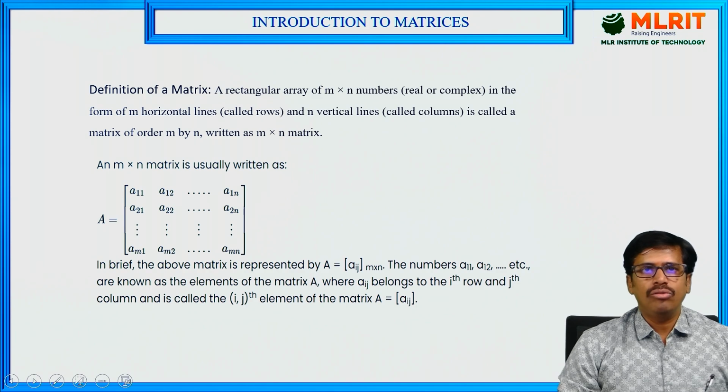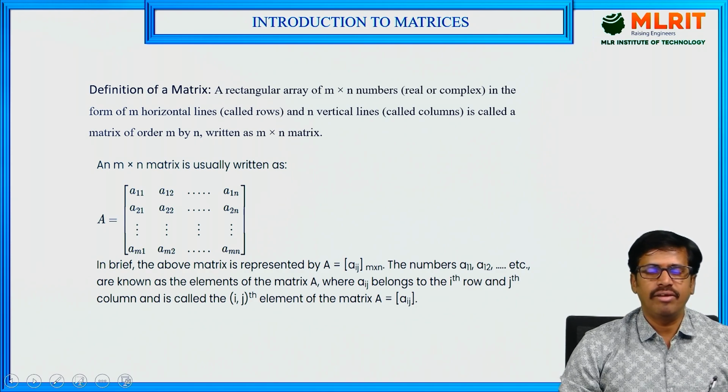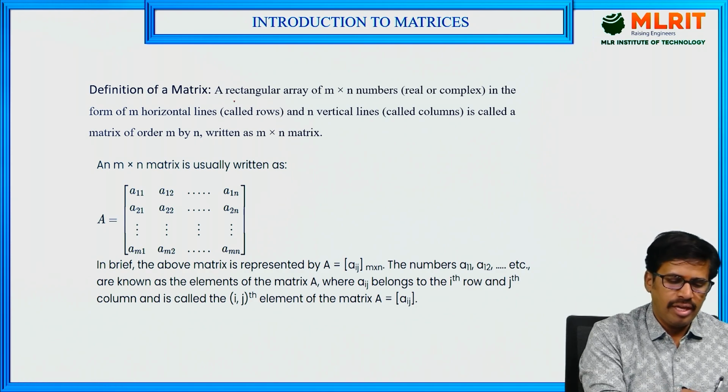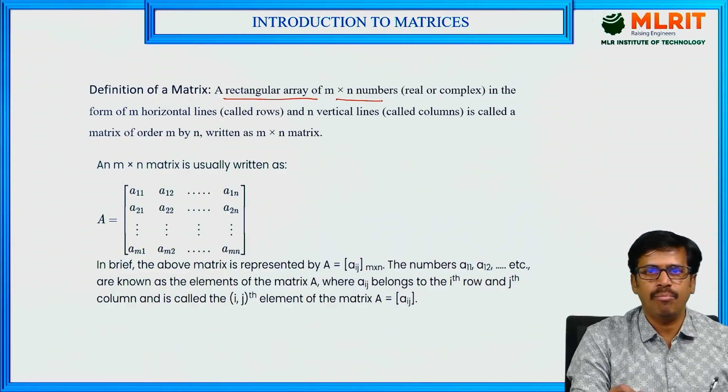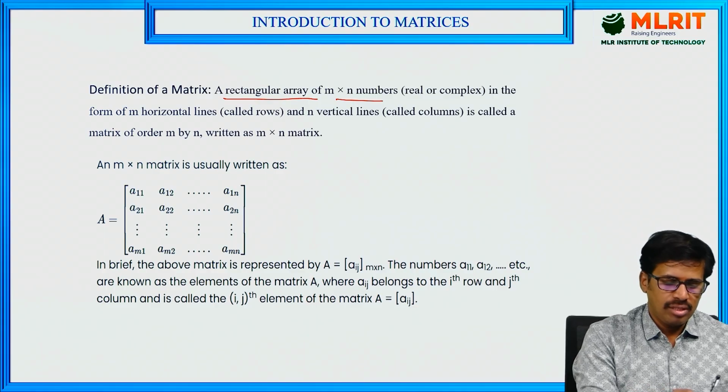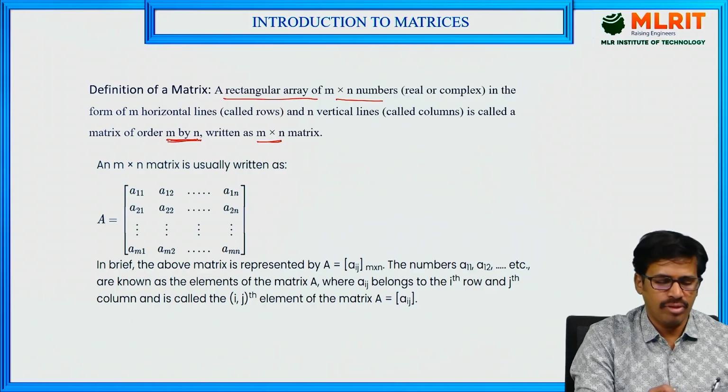First, let me introduce what is a matrix and its definition. The definition is a rectangular array of mn numbers, where m represents the number of rows and n represents the number of columns. That is an order m by n. We write it as m cross n, but we read it as m by n, right?